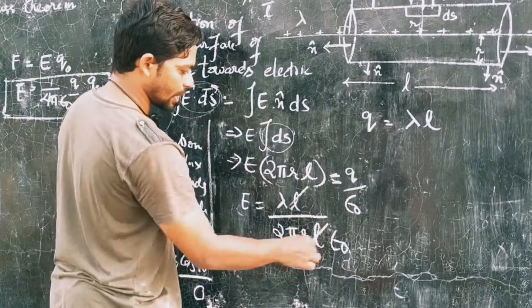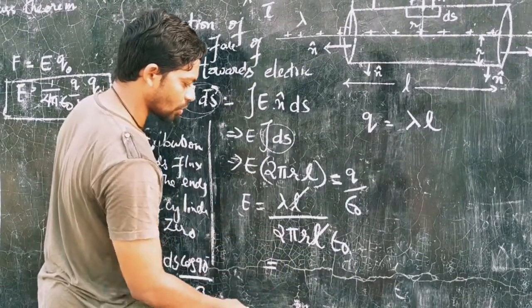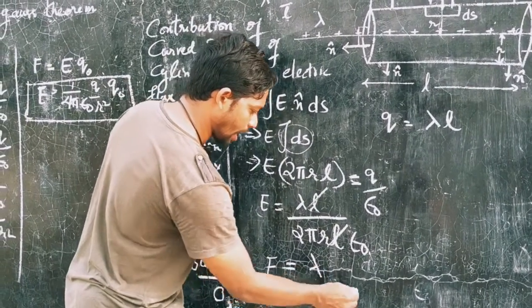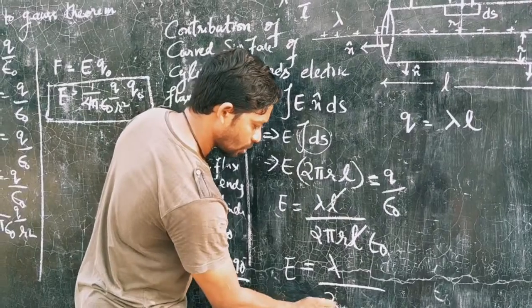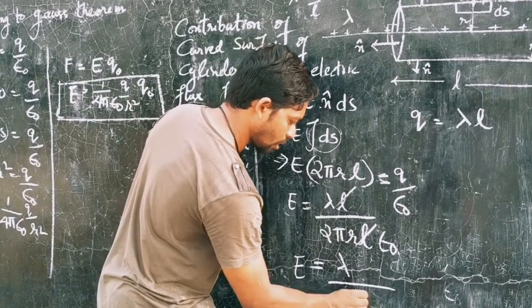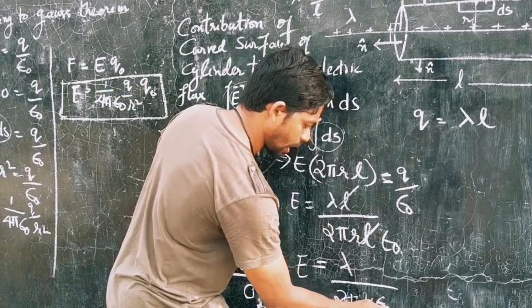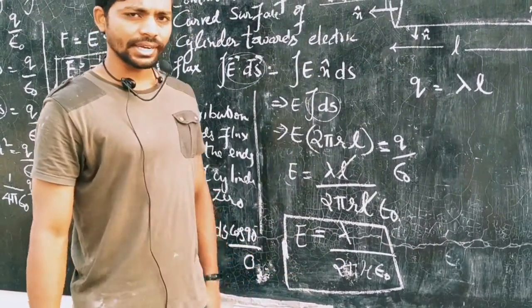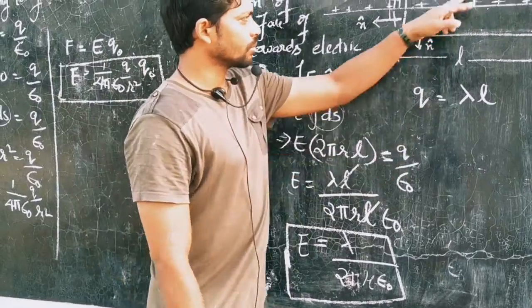Here L gets cancelled. Finally we are left with the expression E is equal to lambda by 2 pi r epsilon naught. So this is the electric field intensity at point P.